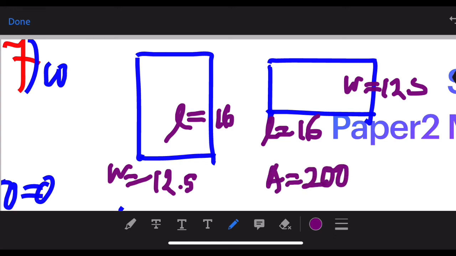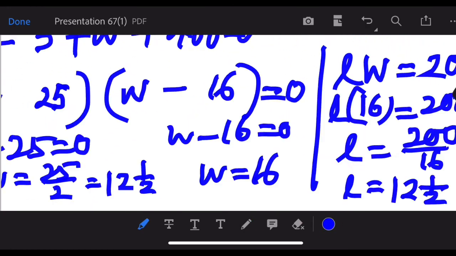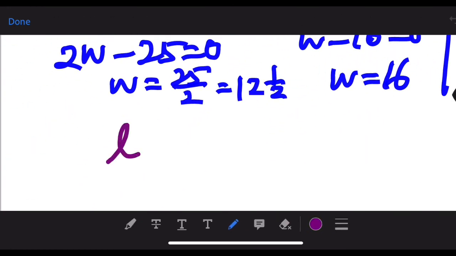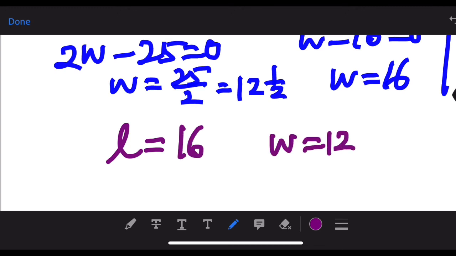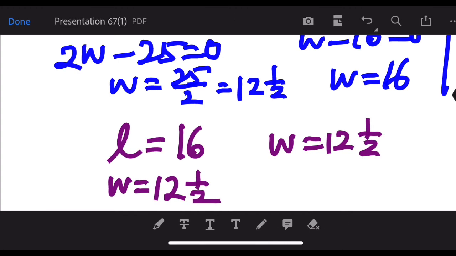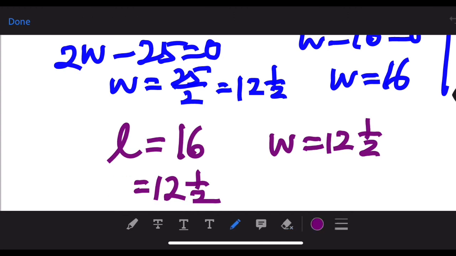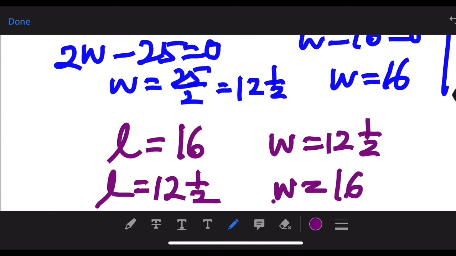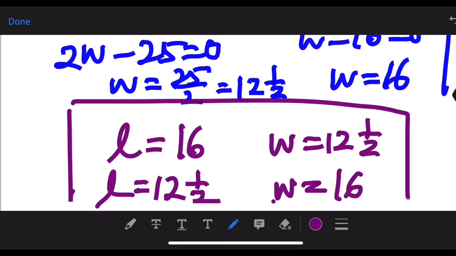So basically for L and W, you can give me either L 16, W 12 and a half, or the other way around, W 16 and L 12 and a half. So these are the possible answers.